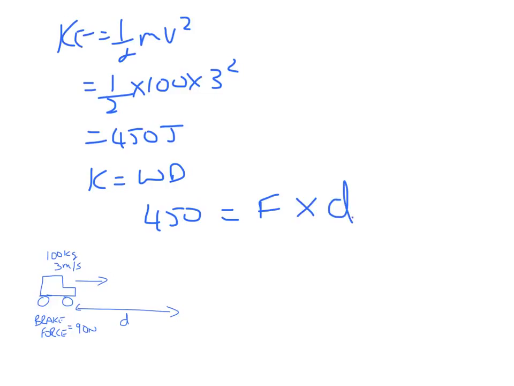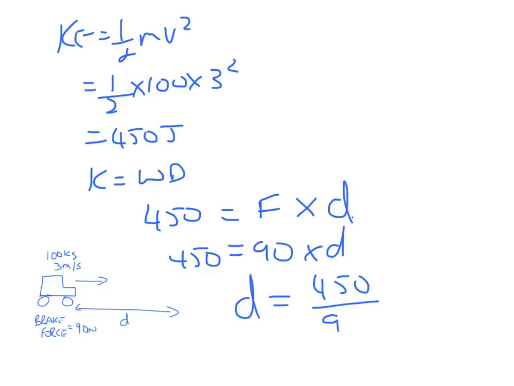We want to find out the braking distance for a car traveling at this speed with this mass. So 450 joules, the braking force we know is 90, so 450 is 90 times d. The distance is 450 over 90, which is 5 meters. So this car will take 5 meters to come to rest.